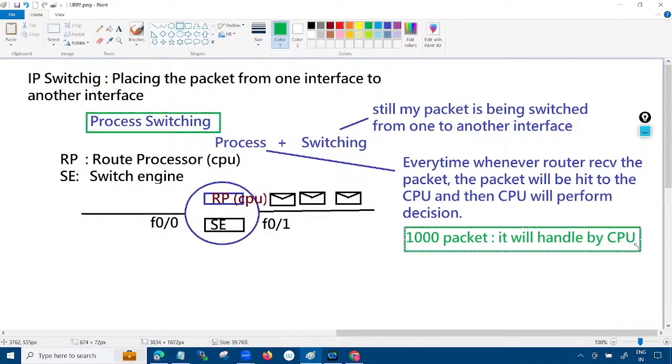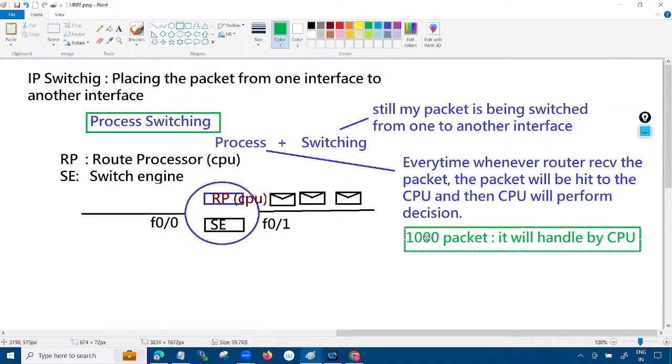So can you imagine that? Understand one concept. Your routing protocols OSPF, EIGRP, BGP, NTP, SNMP, SSH, Telnet, MPLS, multicasting, quality of service, IPsec, DMVPN, and GRE, whatever features you are enabling on the router, for those features you need a CPU.